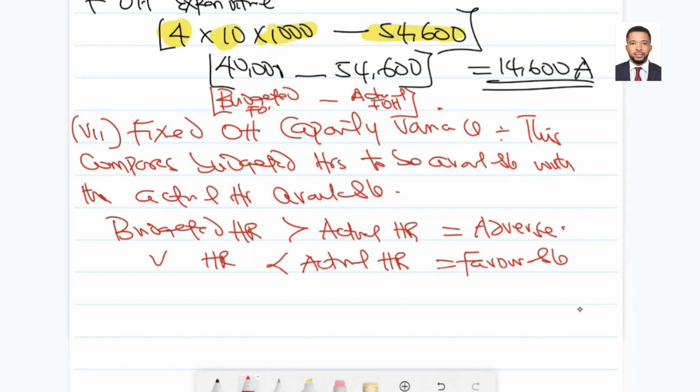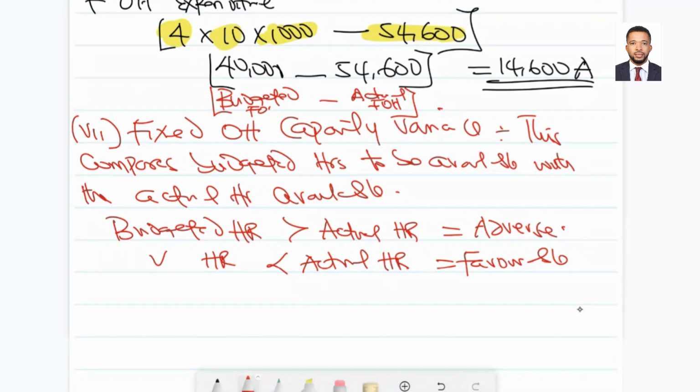When you talk of budgeted hour, this capacity is just looking at the number of hours you plan to have. So if I plan to have 10,000 hours for a particular period, and at the end of the period I have 50,000 hours, it means I have a lot of hours available to me, and that means it's a favorable one. I budgeted to have 20, actual I have 30.